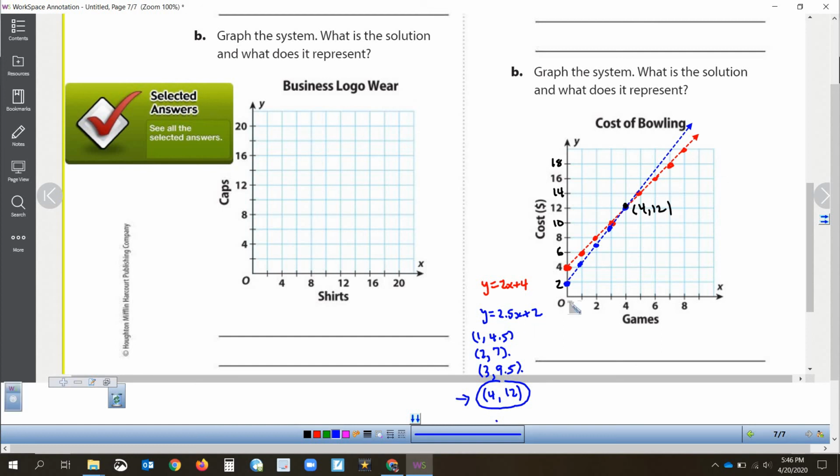All right, so what did we find out? Again, the first part of every ordered pair is x, and the second one is y, and x was the number of games, right? And y was the cost. So what is the point of intersection? When we have 4 games, the cost is $12 for both bowling alleys.